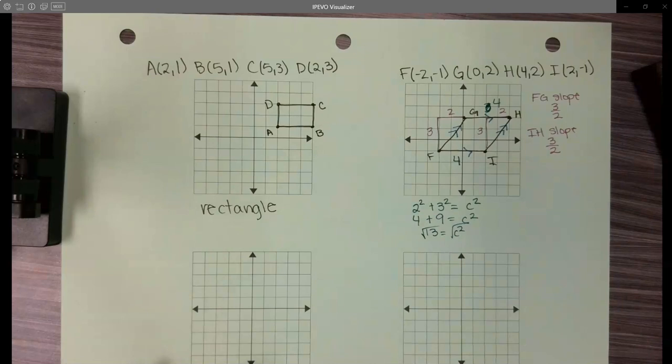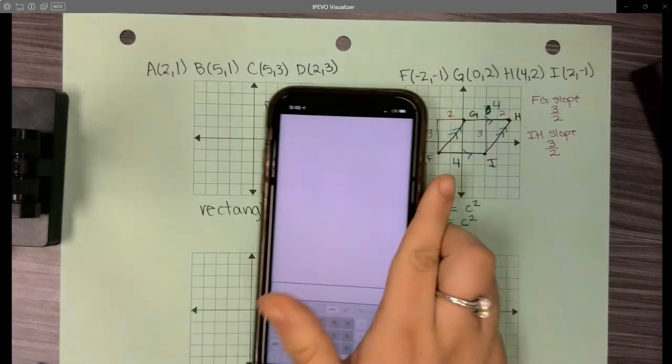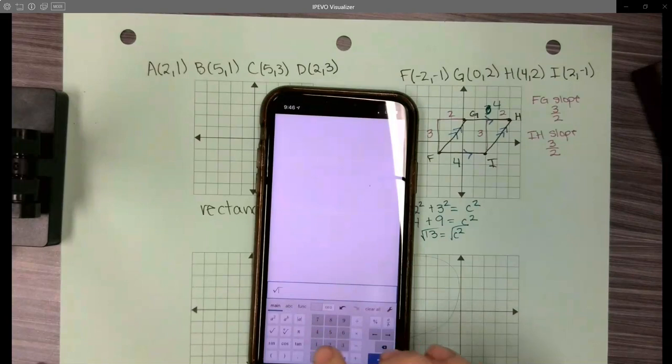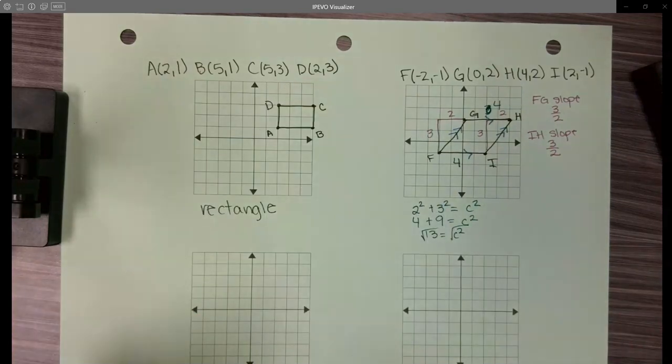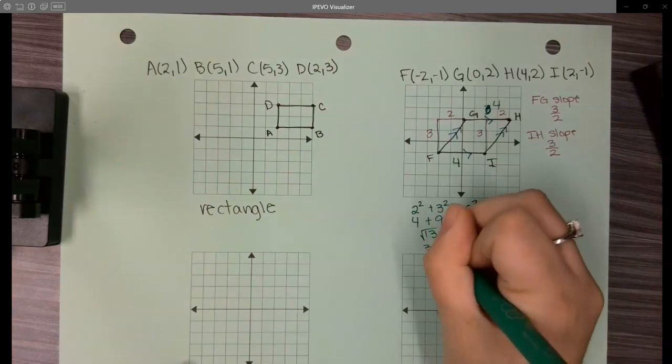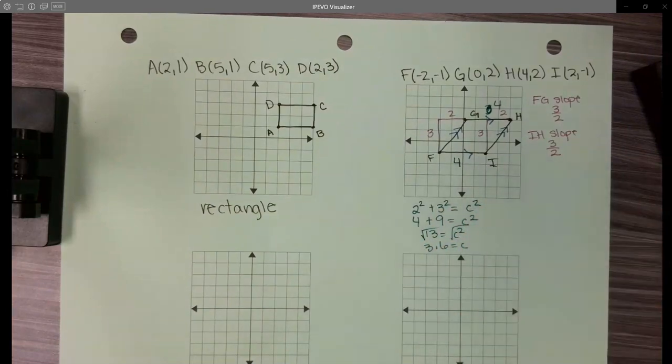So if I go to, maybe not, the internet is not working. I'll pull up Desmos on my phone. So I can go to Desmos, and I can do the square root of 13, which gives me 3.6. Is that the same as 4? 3.6. No. So this is not a rhombus. It's just a parallelogram.